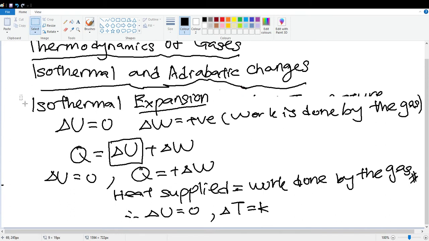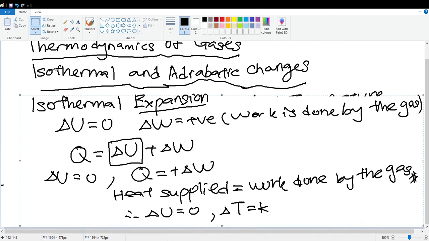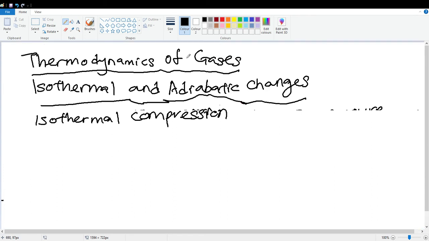Let's move on to another process, which is isothermal compression. For the isothermal process, we know that the change in internal energy is 0.